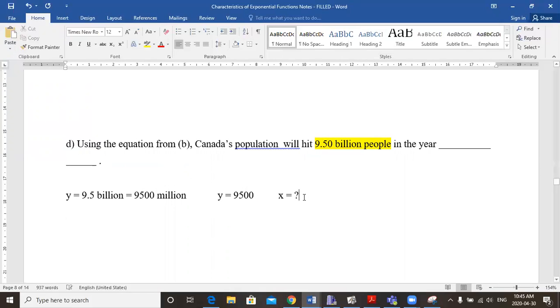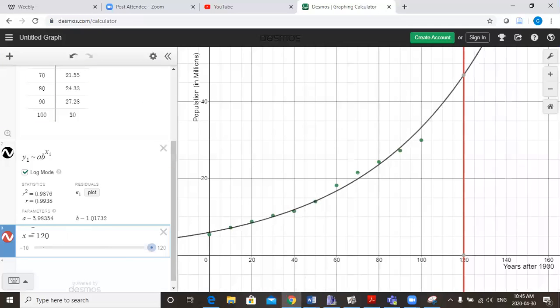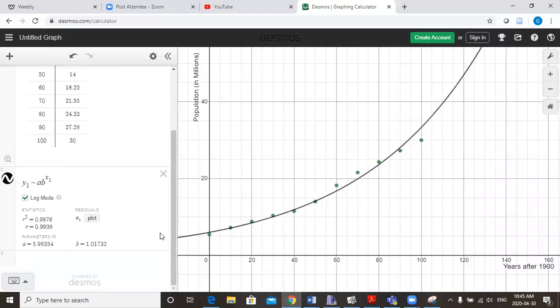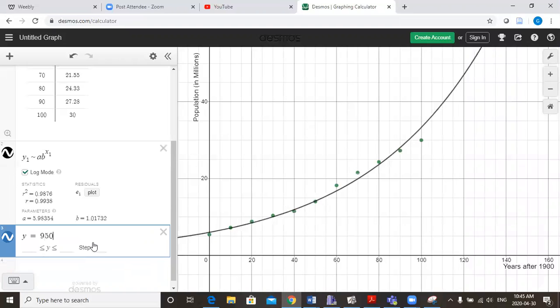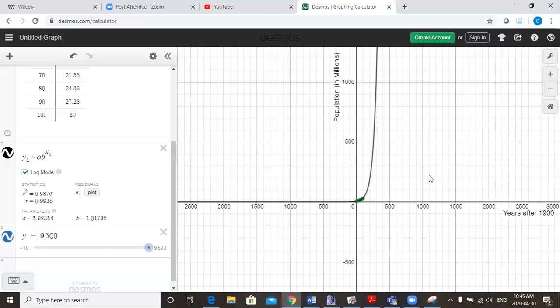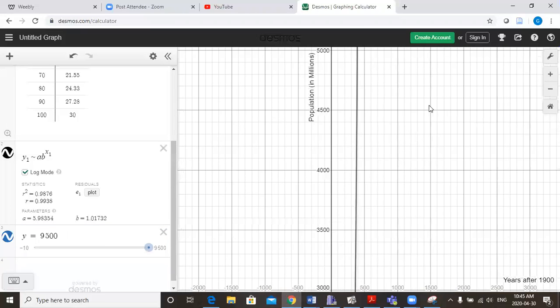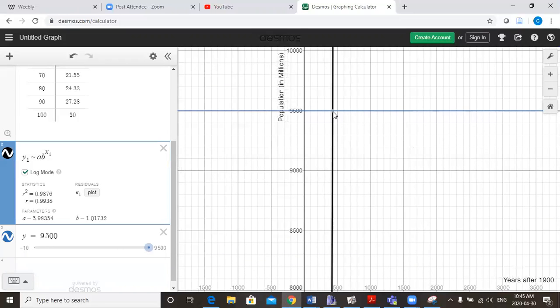So we need to do then another Desmos graph. So I'm just gonna click off here, x equals 120. Now we're gonna say y equals 9,500. And so we have to zoom out. Okay, and we have our intersection.